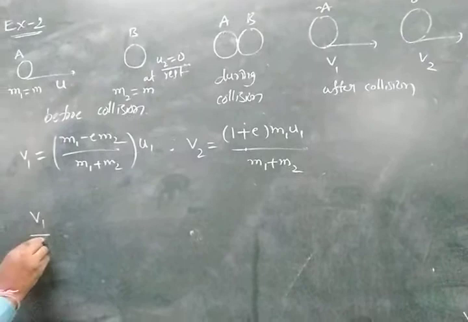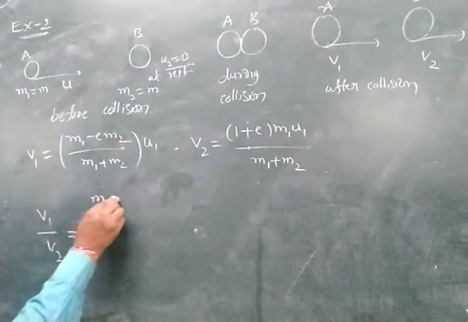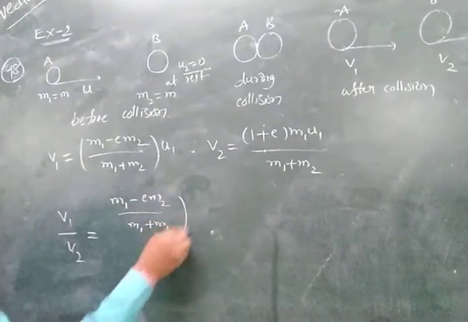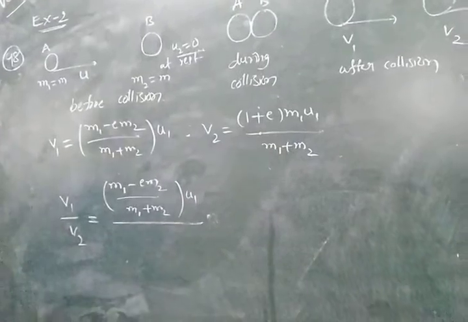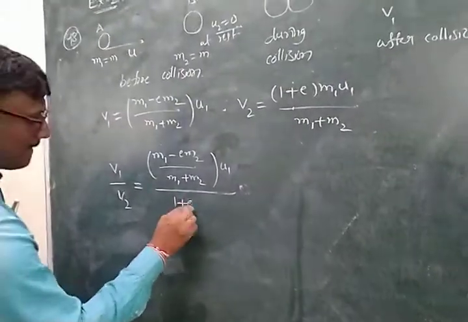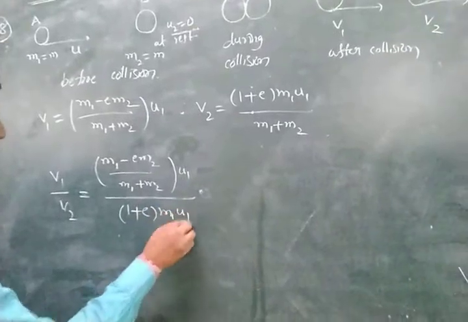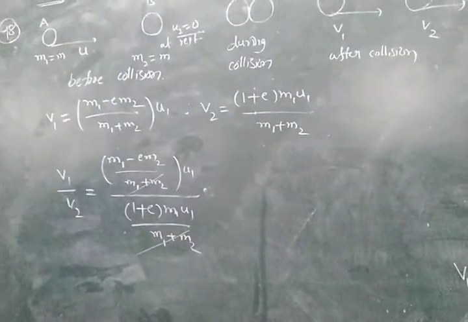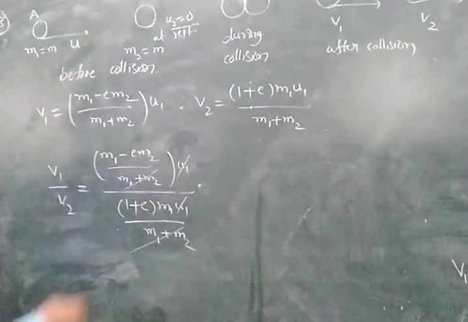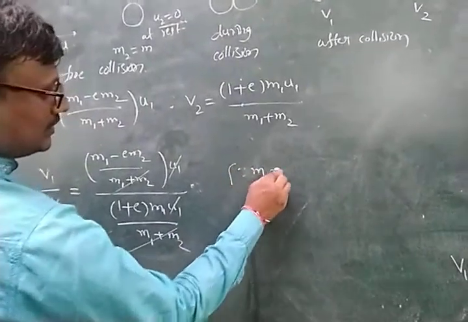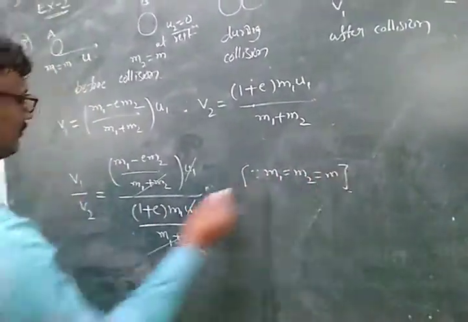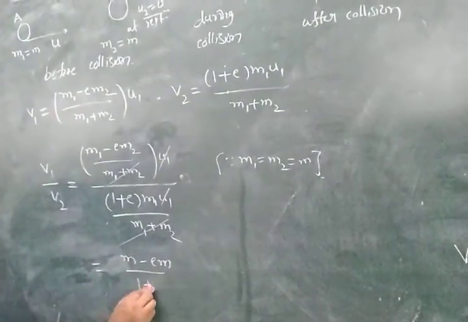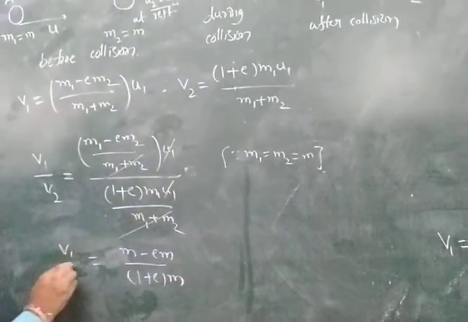Now dividing, v1 by v2 is equal to (m1 minus e m2) by (m1 plus m2) into u1, divided by (1 plus e) into m1 u1 by (m1 plus m2). The m1 plus m2 cancels, u1 gets cancelled, and here m1 equals m2 equals m. Substituting, (m minus e m) by (1 plus e) into m is v1 by v2.